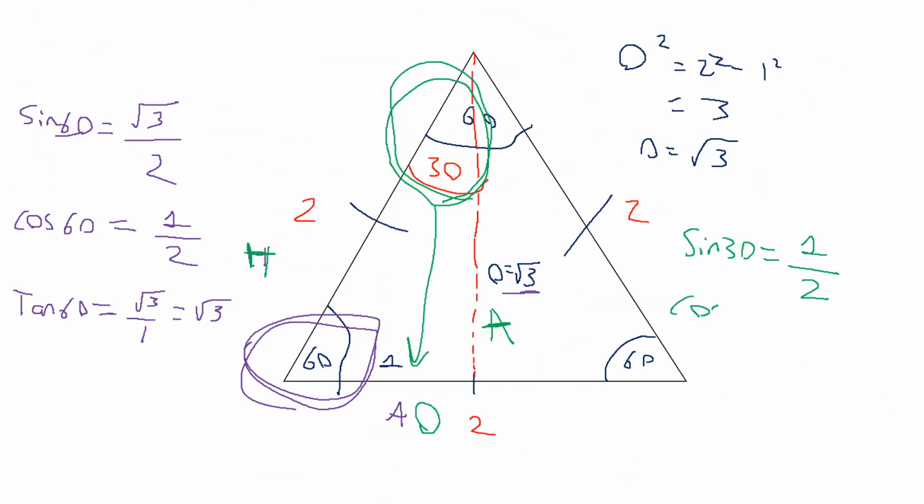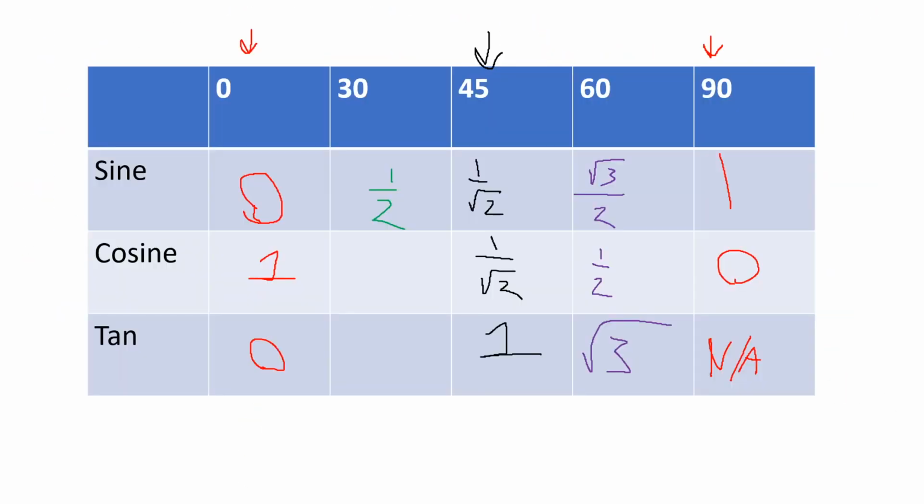Our cos 30 is equal to adjacent over hypotenuse, which is simply equal to root 3 over 2. Let's write that down.